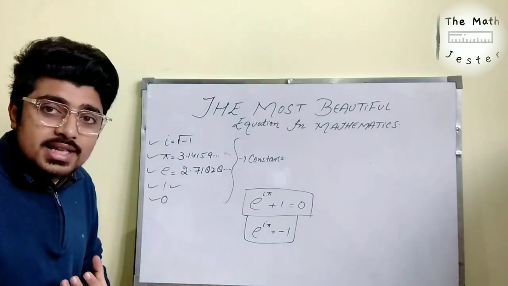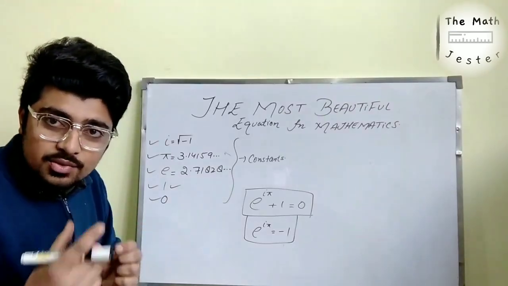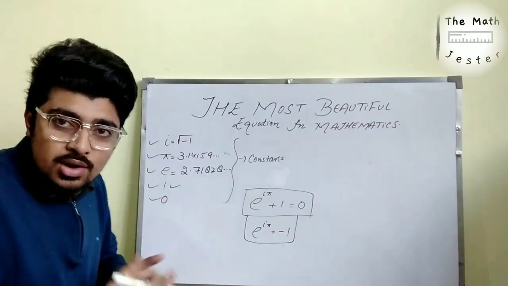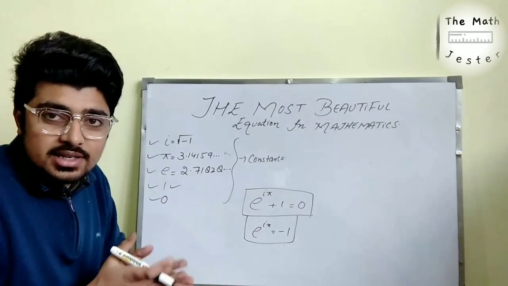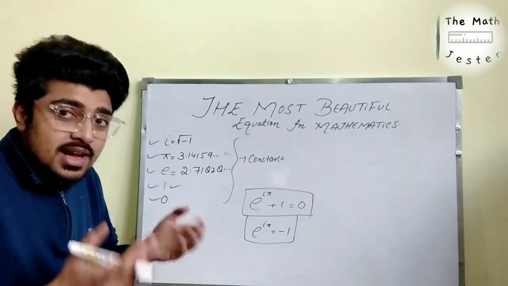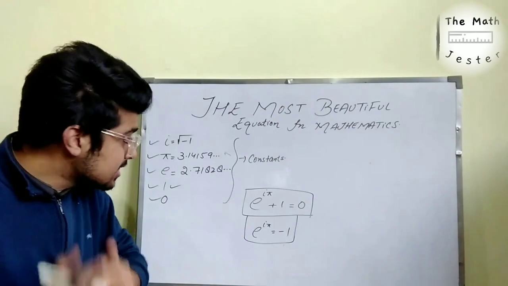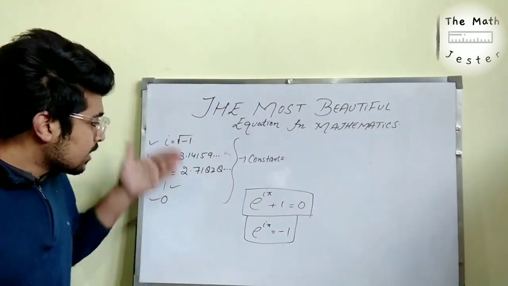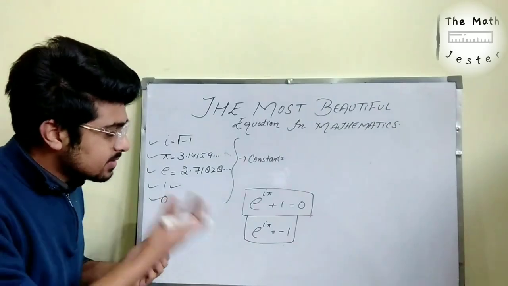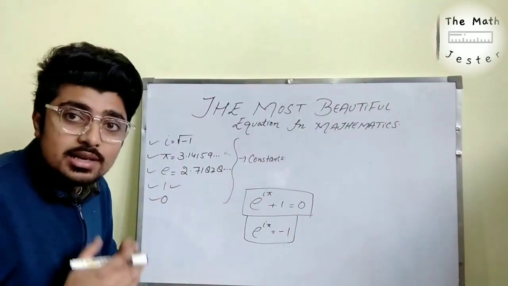And the second fact is that if we calculate e power of iota pi plus 1 and tell it to some non-math student, he will definitely say, and even a math student cannot imagine, that its value can be equal to 0. But it has a value equal to 0 despite having such constant values, and this makes it the most beautiful equation in mathematics.